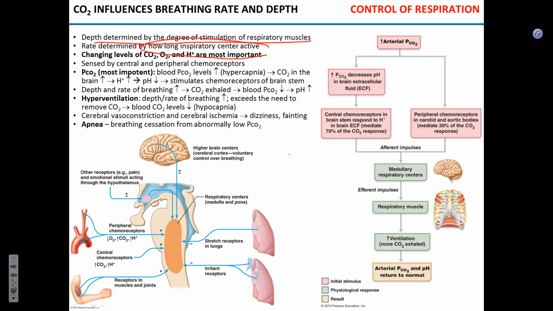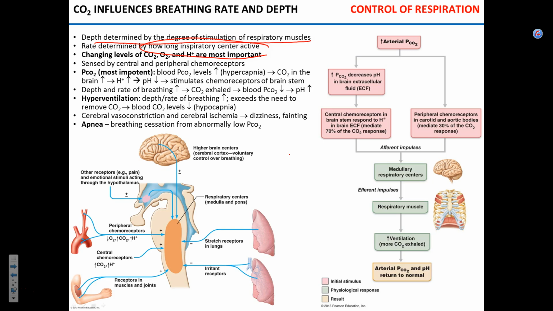Speaking of the rhythm, interestingly enough, we don't know the mechanism that sets the normal respiratory rate. Like for the heart, we do know pacemaker cells, right? But for lungs, we don't know. There's an idea that there's a set of neurons that reciprocally inhibit each other, setting up the rhythm, but we don't have substantial evidence.